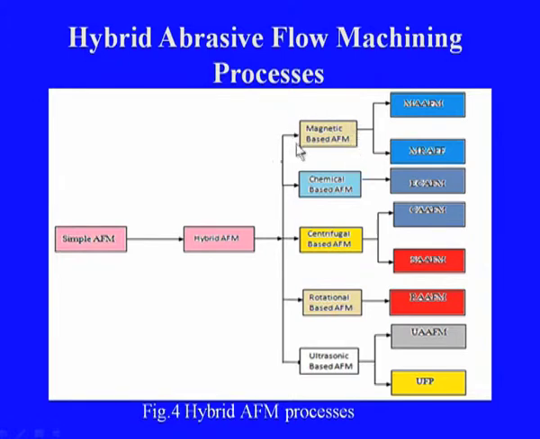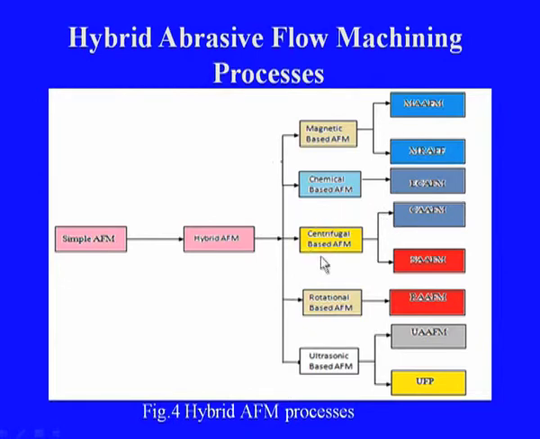Some of these processes are like magnetic based AFM, in which the actual process is magnetically assisted abrasive flow machining or magneto-rheologically assisted abrasive flow finishing. Then chemical based AFM, where electrochemical assisted abrasive flow machining is one of the hybridized processes.